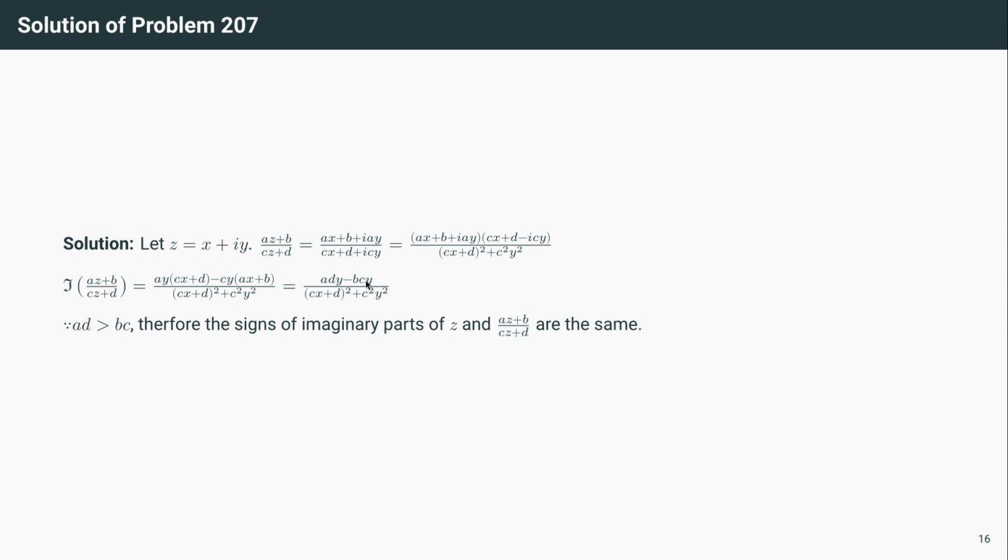So you see here, if we take y common, we get (ad - bc), but ad is greater than bc, so ad - bc would be positive. The sign of this whole imaginary part would be the same as the sign of y. So from this we deduce that the imaginary parts of z and (az + b)/(cz + d) have the same sign.